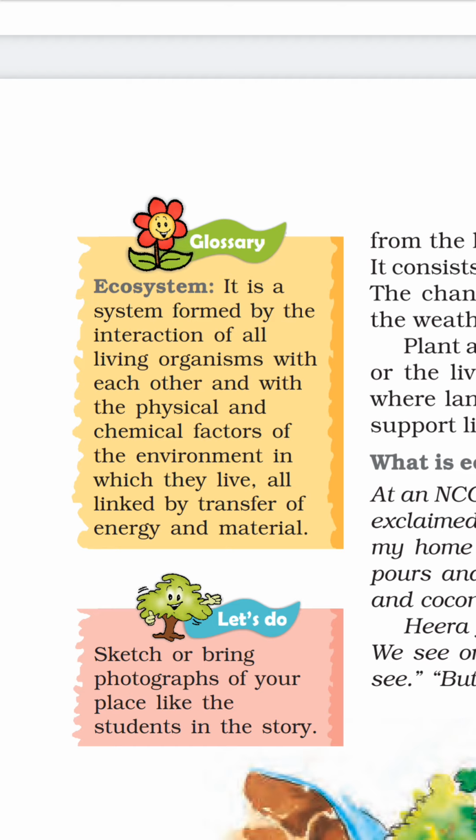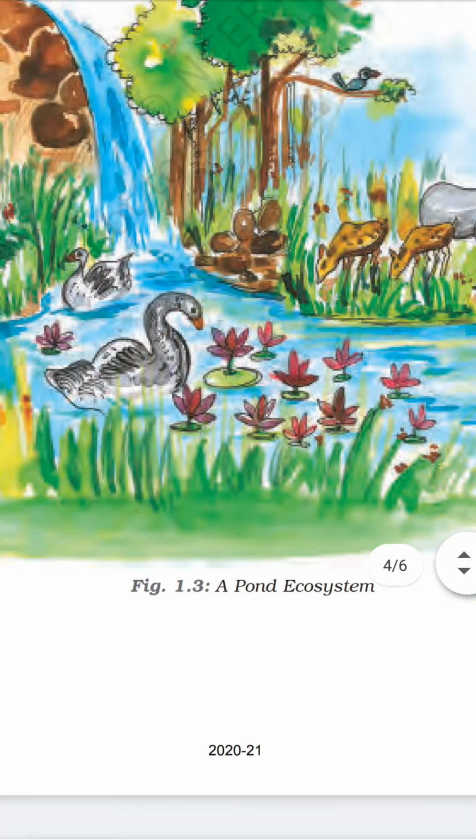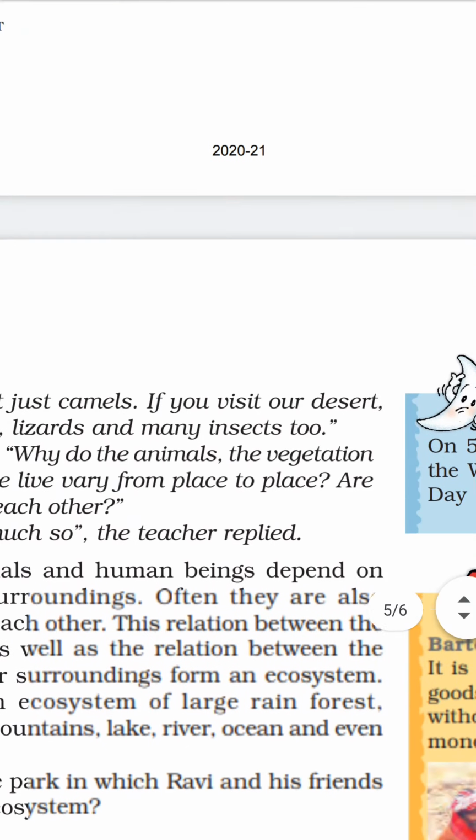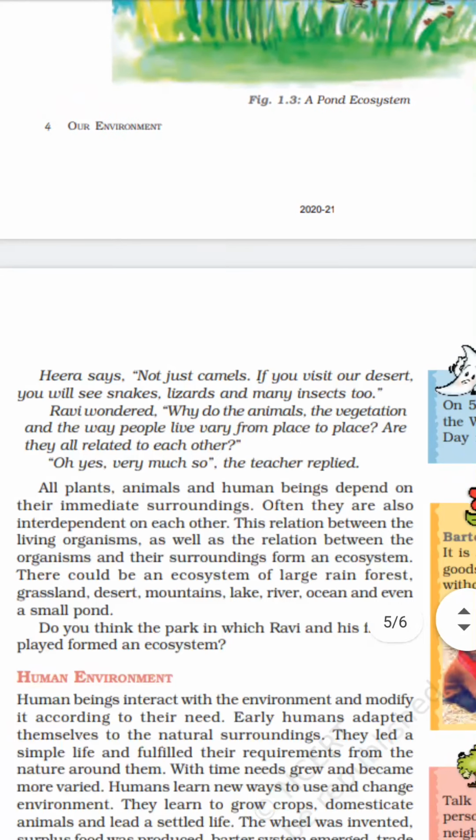Then we can see that there are different types of ecosystems. Rain forest ecosystems, desert ecosystems, grassland ecosystems, mountain ecosystems, and lakes, rivers and oceans, which we can simply call aquatic ecosystems.